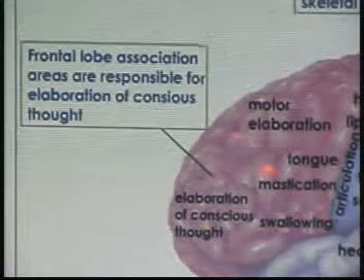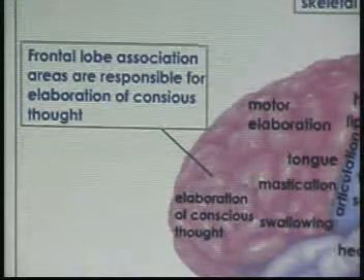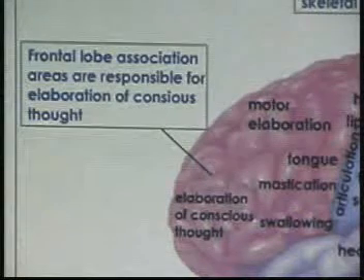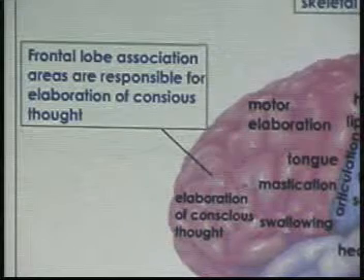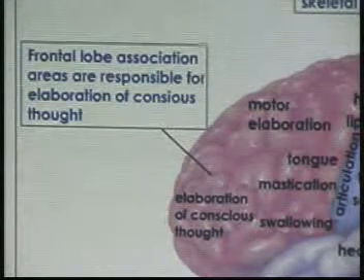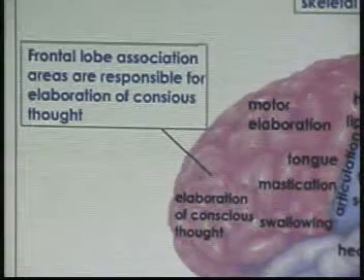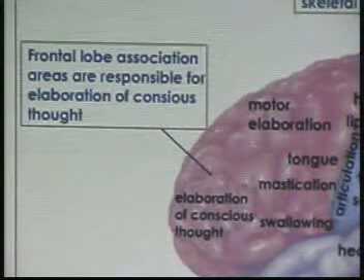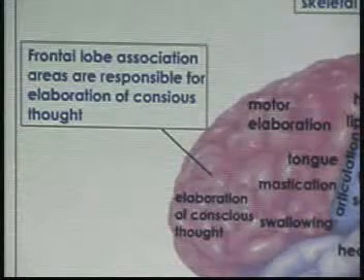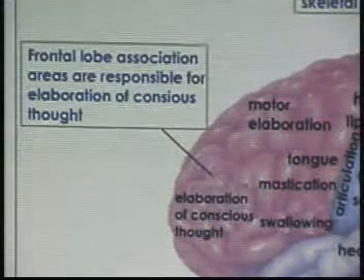It controls specific groups of muscles, and damage to that particular area can paralyze the muscles which are being controlled by that area, and that is how one suffers from a stroke or a paralysis.